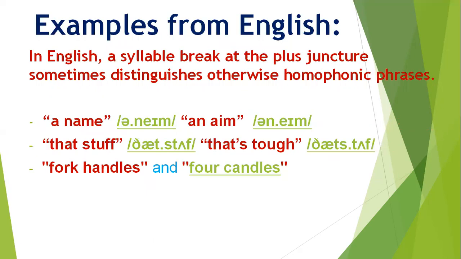Now we have examples from English. In English, a syllable break at the plus juncture sometimes distinguishes otherwise homophonic phrases. So we have examples here: a name, and here's the correct juncture, a name.